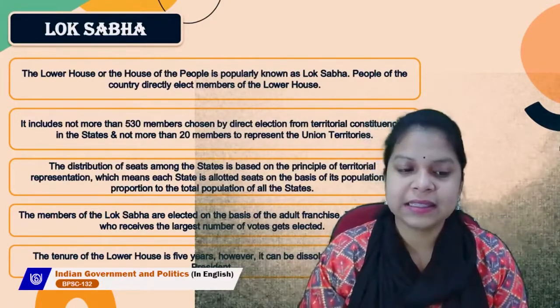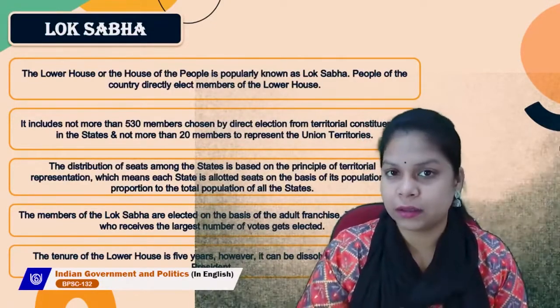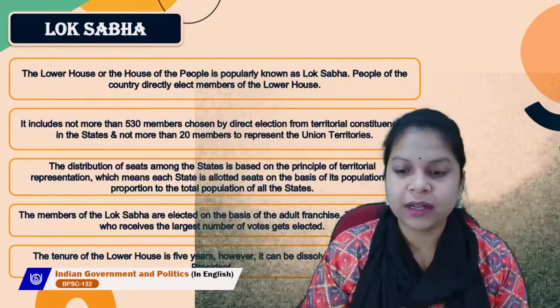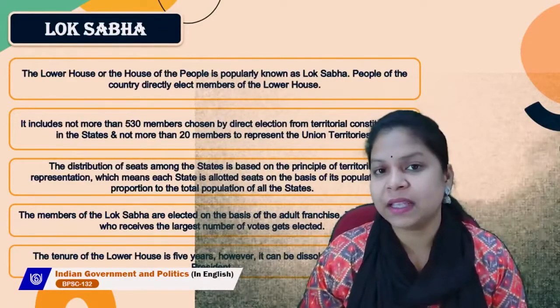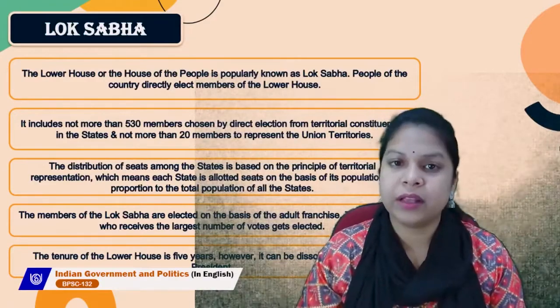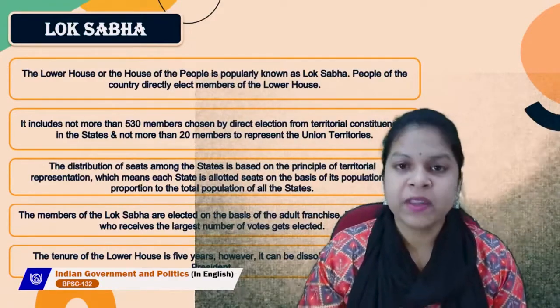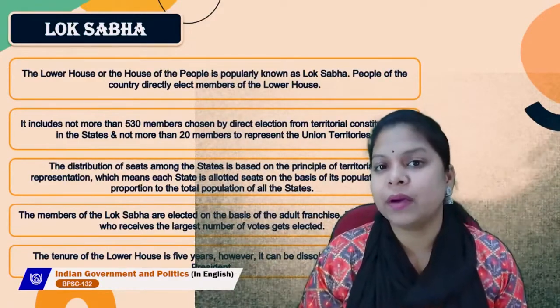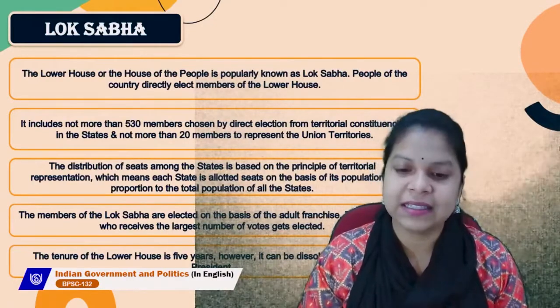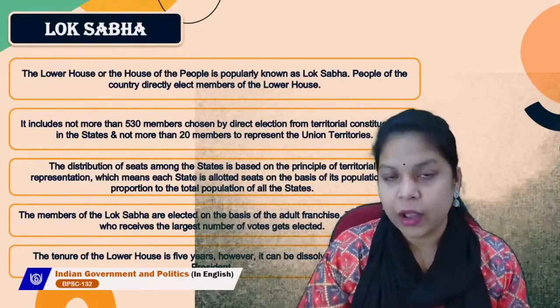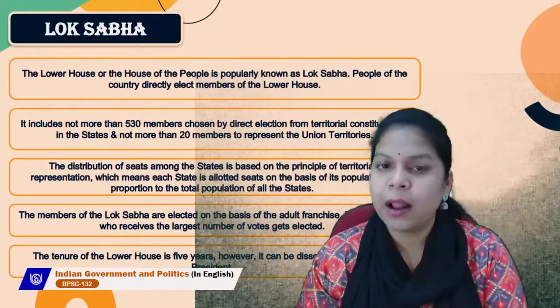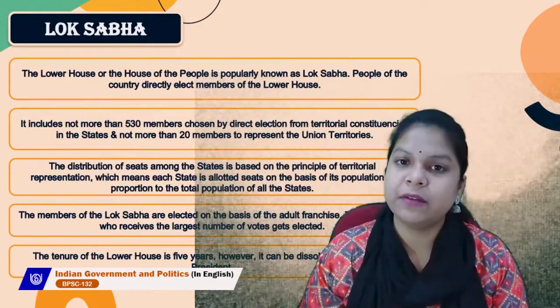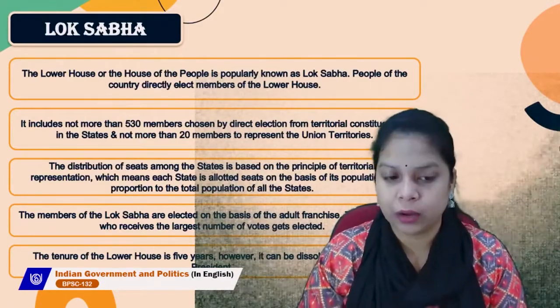So in that case, the distribution of seats is based on territorial representation. That means if a state is big, or has a large territory, many members from that state will be sitting in the parliament, whereas if a state is small, few members from the state will represent it in the lower house.